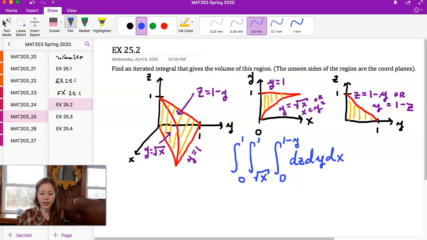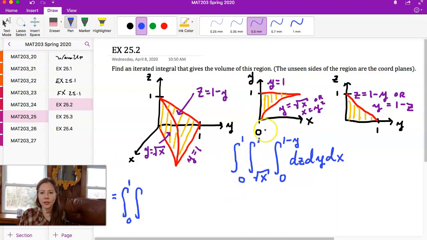So let's try to set this up in another order. So that's going to equal, let's put y on the outside. So y goes from 0 to 1. Okay, and so then let's do x next.